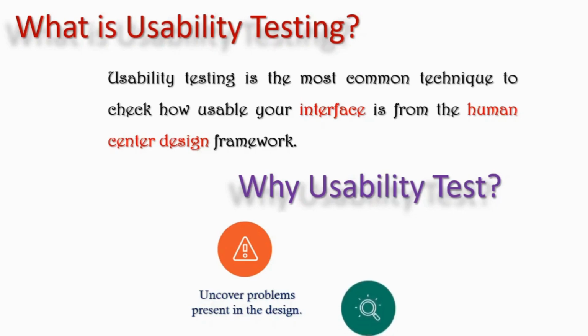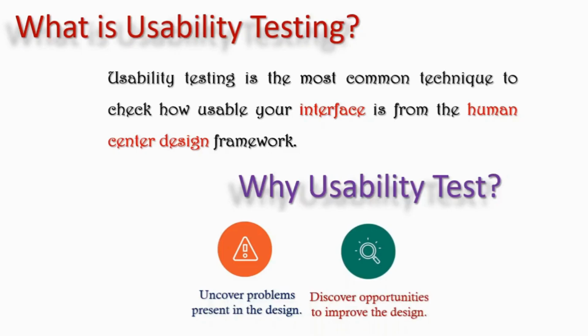Now the second, discover opportunities to improve the design. In usability testing, you get feedback from the user, so that the user allows you to improve your design. So usability testing is an opportunity.